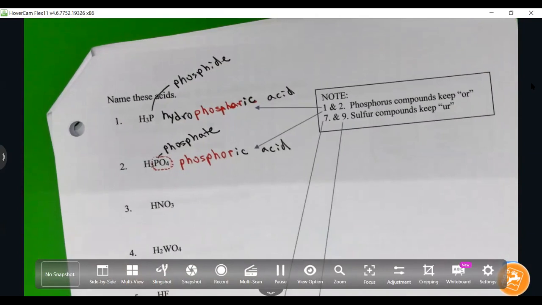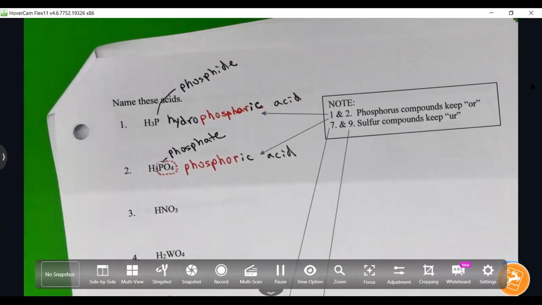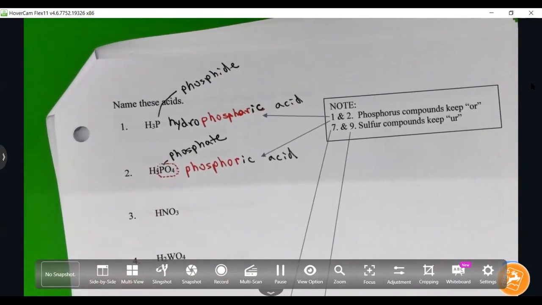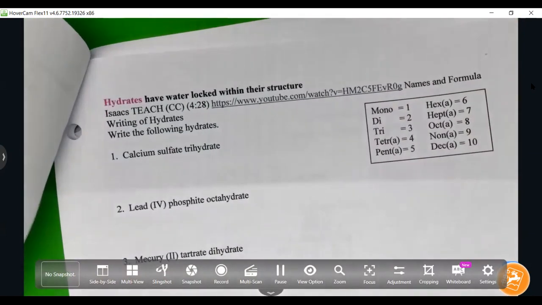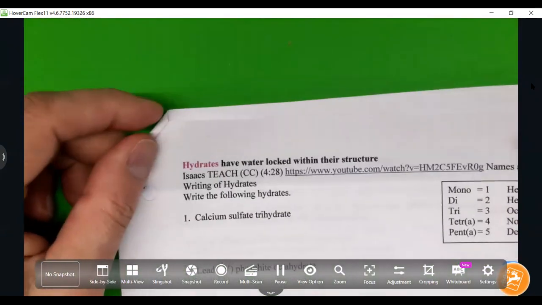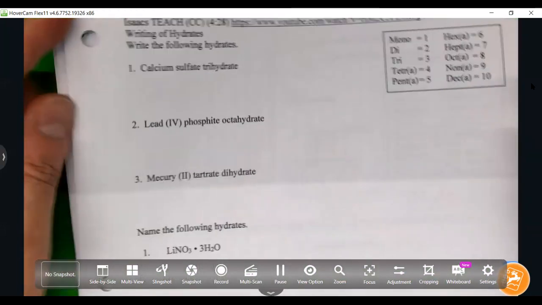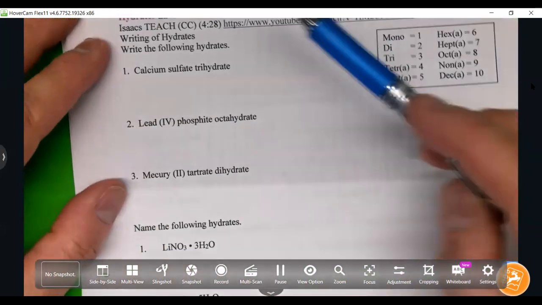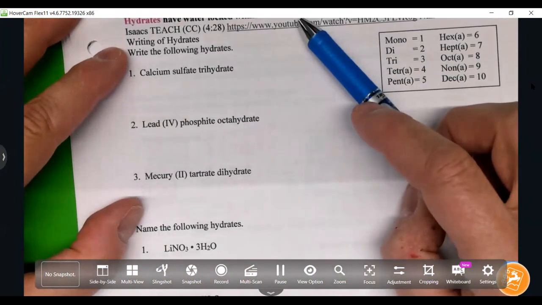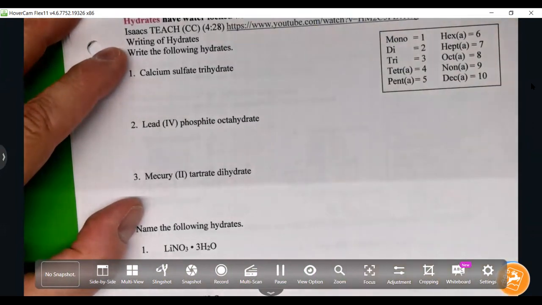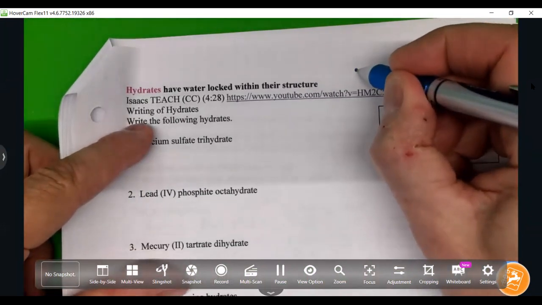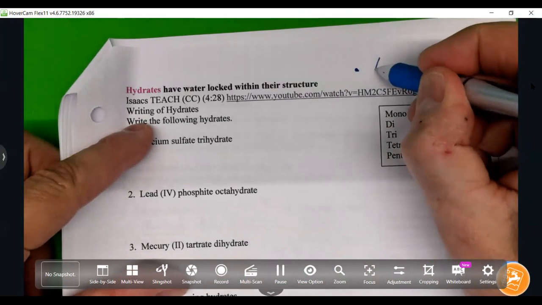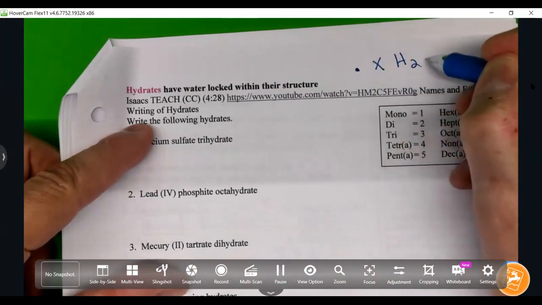Okay, let's do this. I'll let you look at those answers that are posted out there. Then there's just one last thing, some hydrates here on the last page. So hydrates have water locked within their crystal structure. And to signify how many waters are locked up, we use a multiplication dot and we put a number H2O.